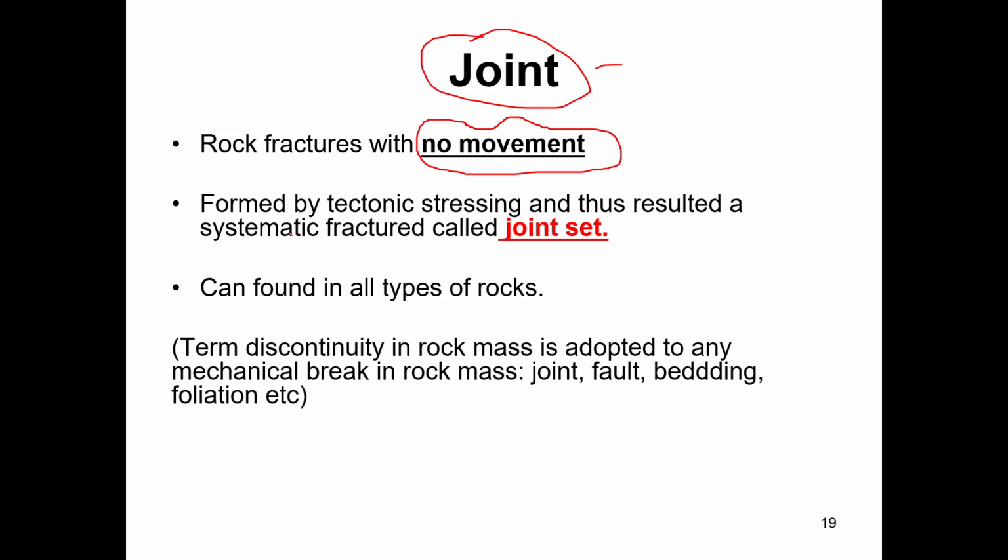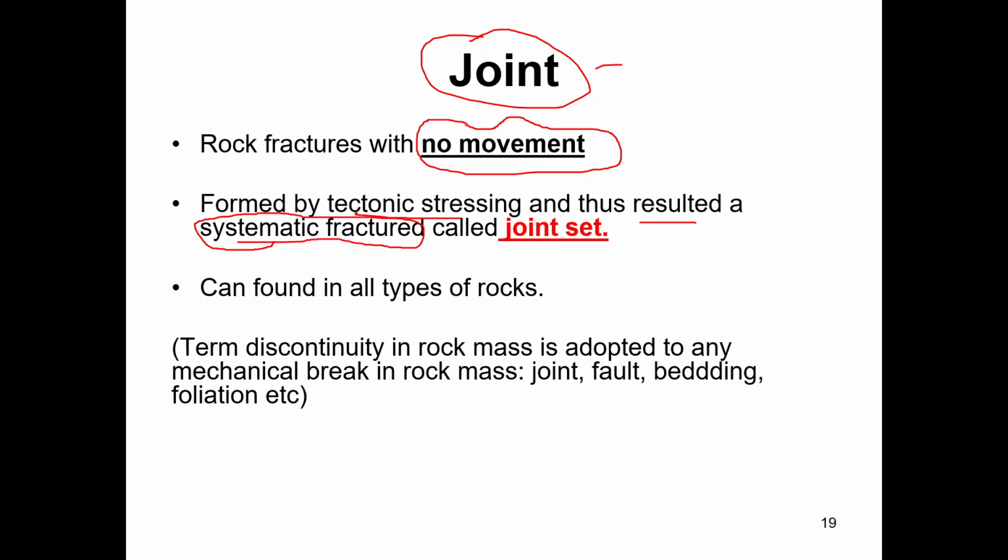This is formed by tectonic stress, resulting in a systematic fracture. For a joint, normally it is systematic.